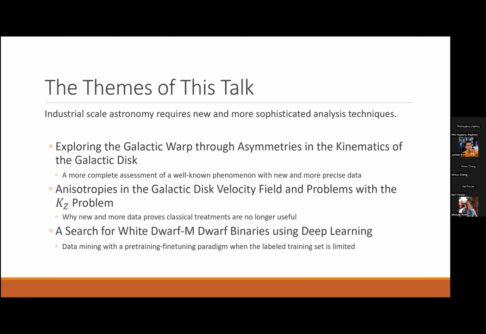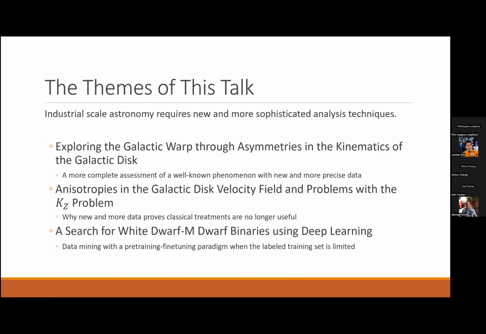The theme of this talk is that industrial scale astronomy requires new and more sophisticated data analysis techniques. I will explore the theme using 3 projects that I have some experience in. The first one is exploring the galactic warps, or asymmetries in the kinematics of the galactic disk.